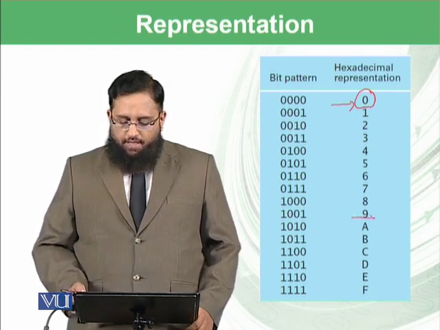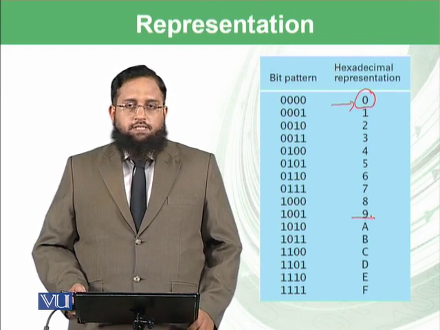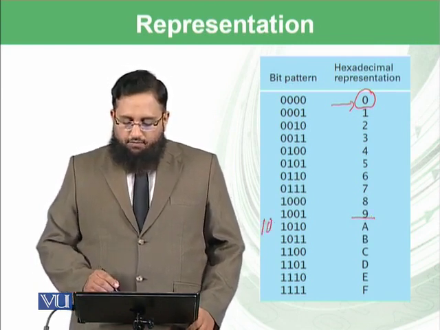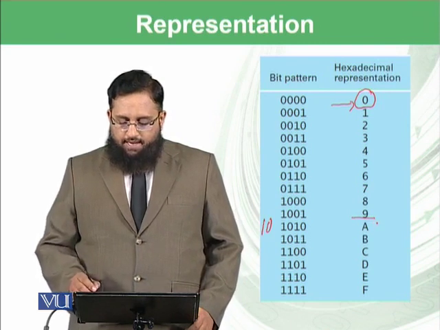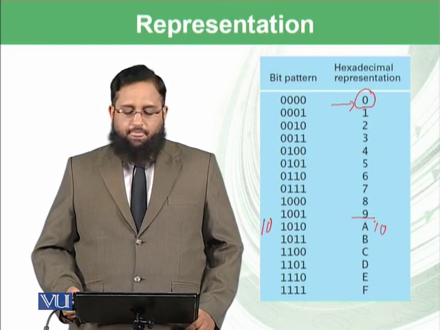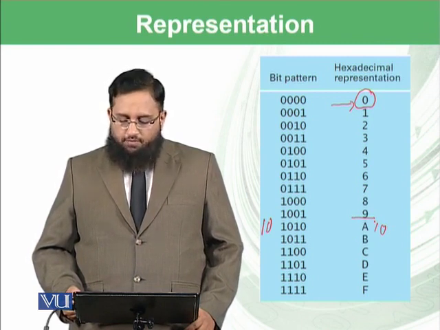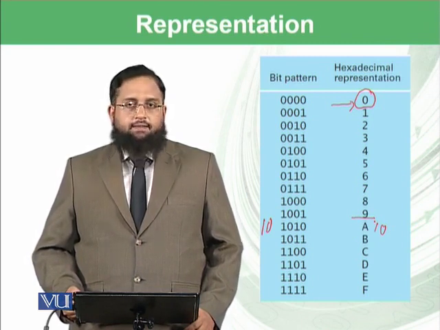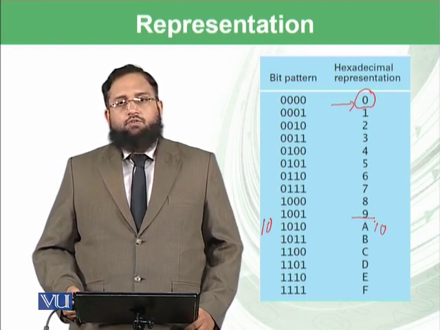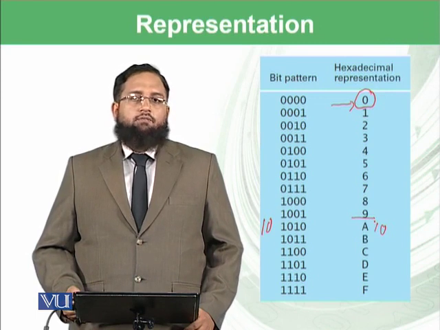After that we have 1010, which is basically 10. But if we write 10 here, then we are not going to save one symbol in hexadecimal notation. Our motivation was that for each bit pattern there should be only one symbol.